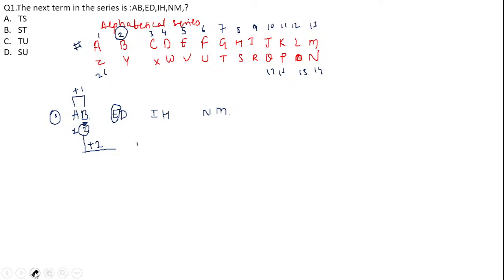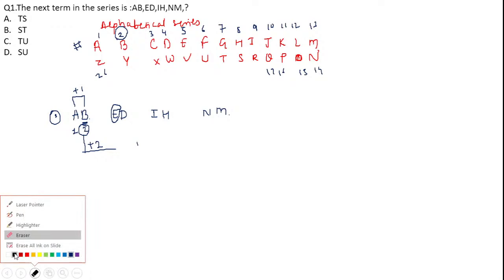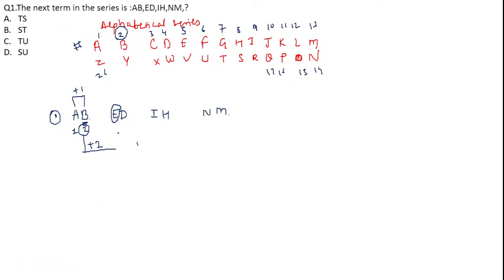So B plus 2 we get D, and if we add D plus 1 we get E. Correct?